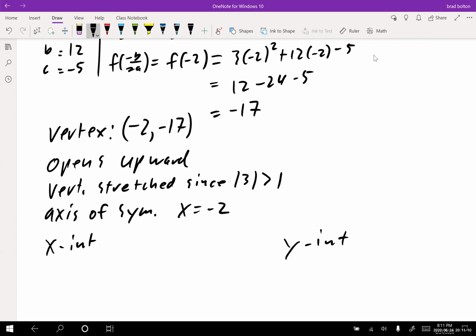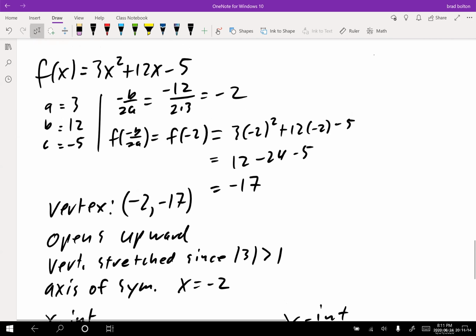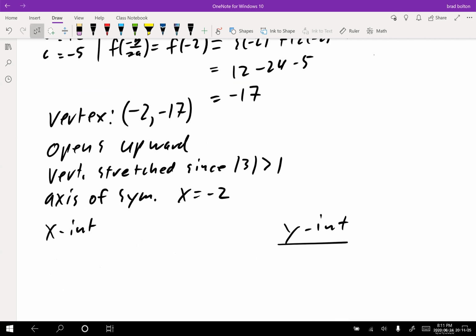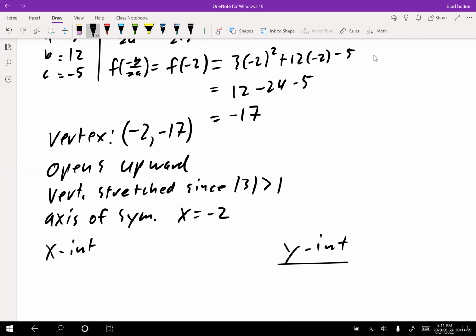So for the y-intercept, there'll only be one. Oops, no, I'm sorry. For the y-intercept, I'm going to say that y equals 3 times 0 squared plus 12 times 0 minus 5, right?